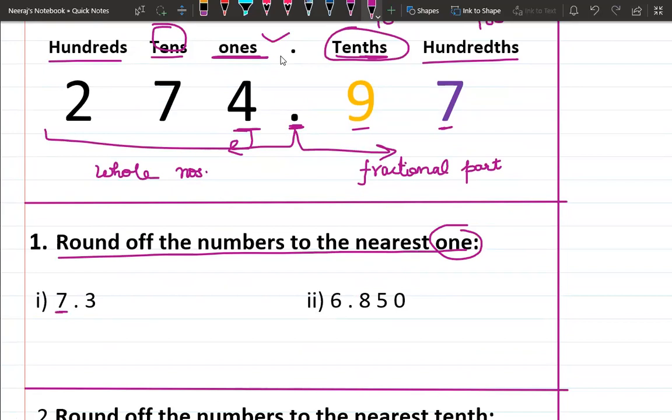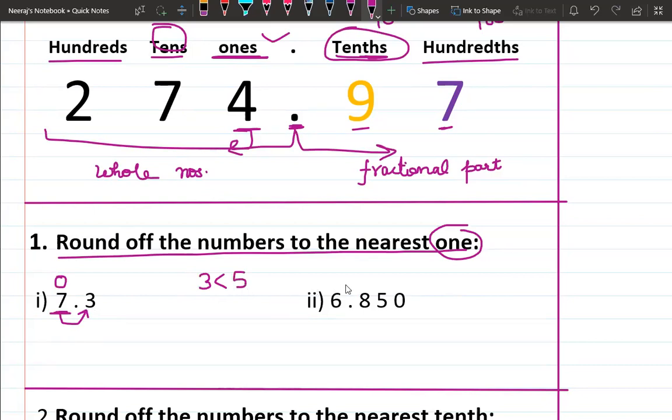So here we are rounding the digit 4 in the ones place. The digit on the right side of the decimal point is 9, and the concept is the same.